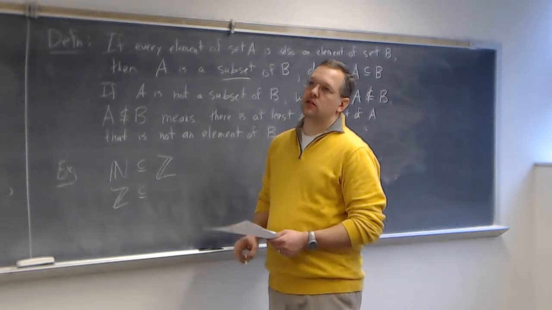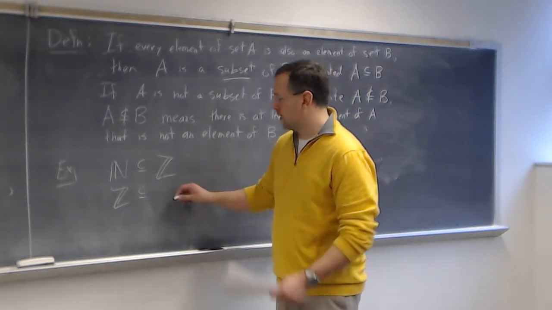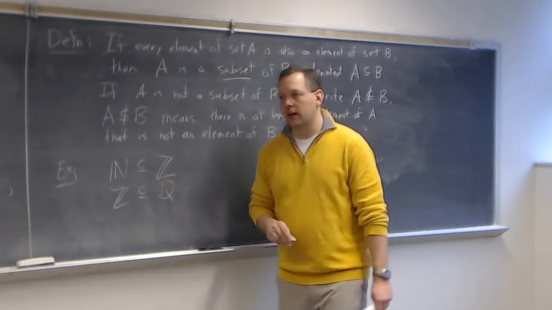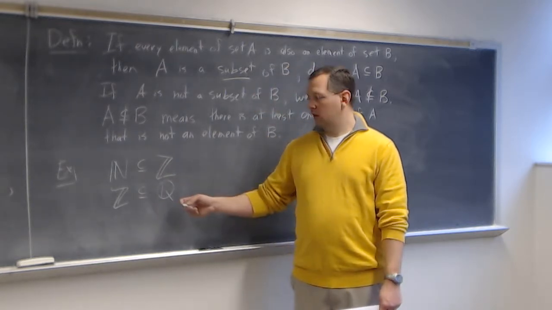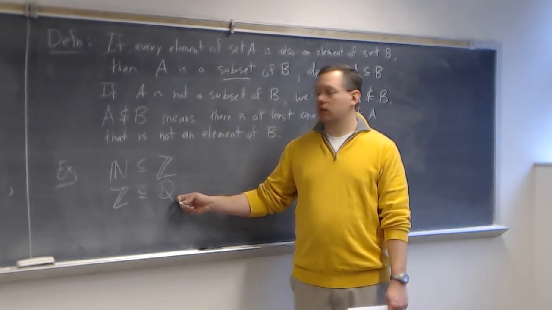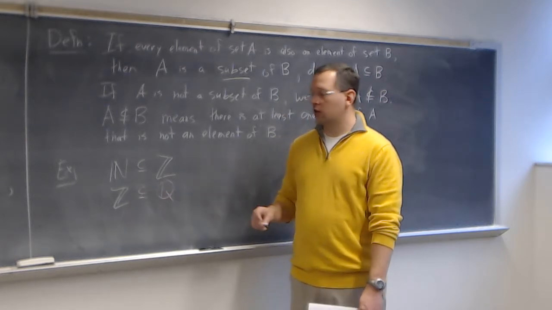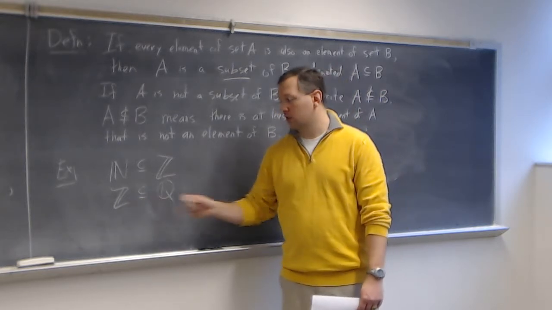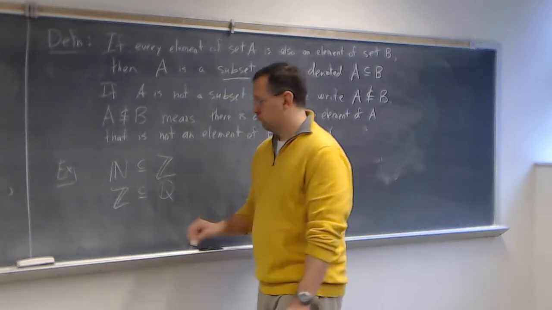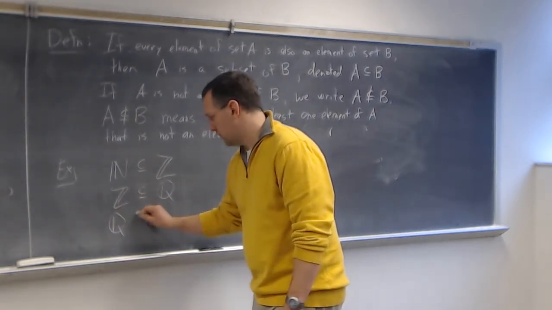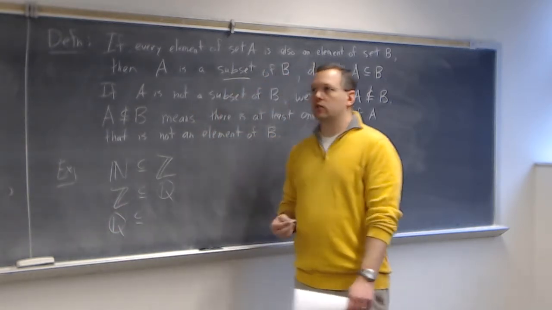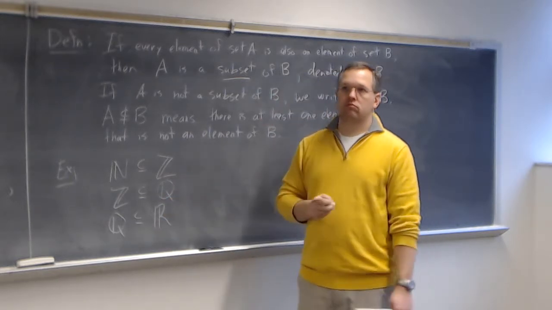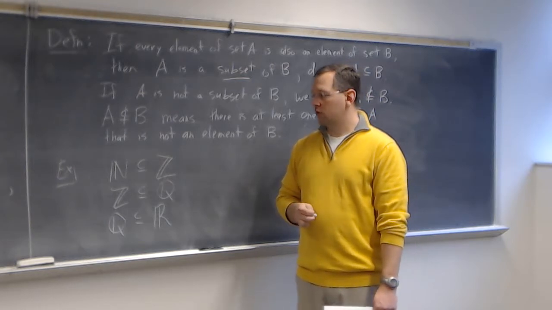How about the integers are a subset of this set. Remember what this is? The rationals, Q for quotient. Every integer is a rational number. So the integers are a subset of the rationals. The rationals are a subset of all real numbers. These are all true statements.